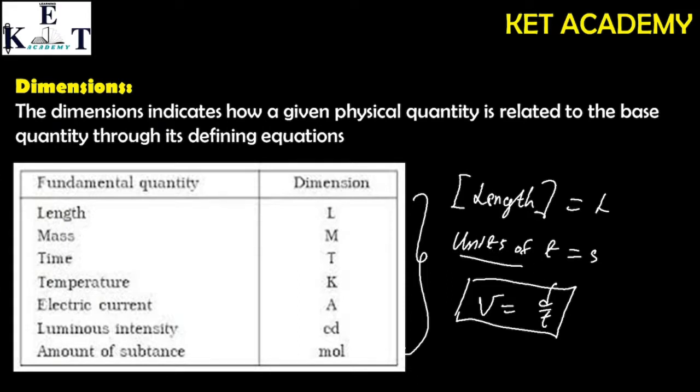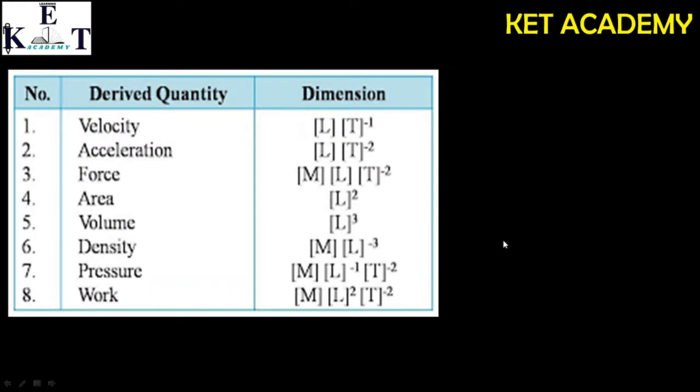Now moving forward, here is a list of some derived quantities and their dimensions. As we earlier saw derived units, we also have derived dimensions, and it boils down to always breaking it down. Let me take an example to illustrate how to get the derived dimension. Let's take force. We know from the formula that force is mass times acceleration, and we want to deal with the dimensions here.